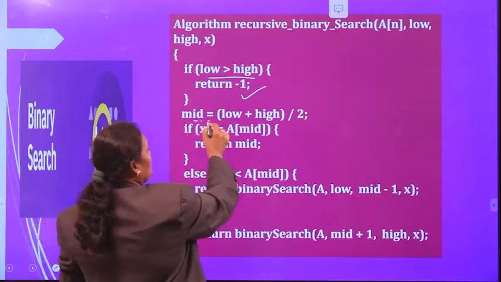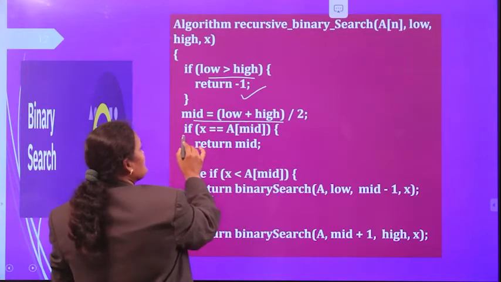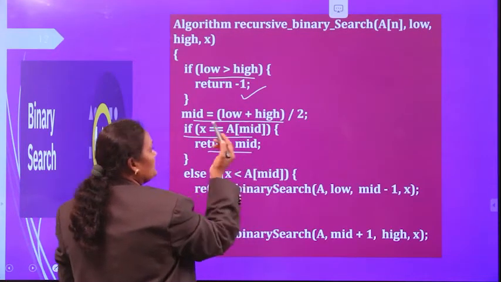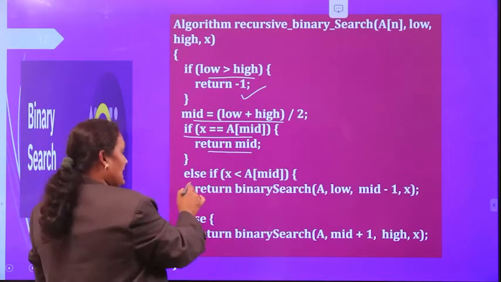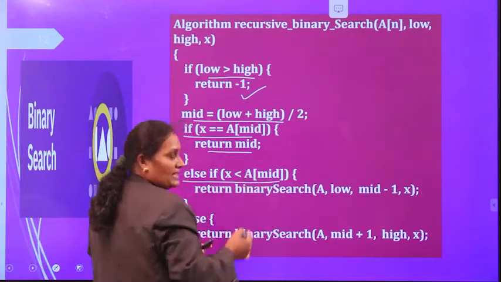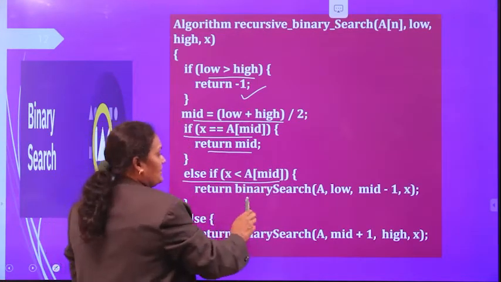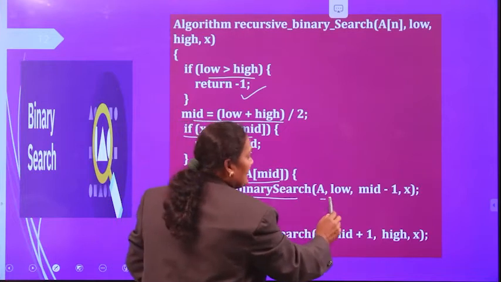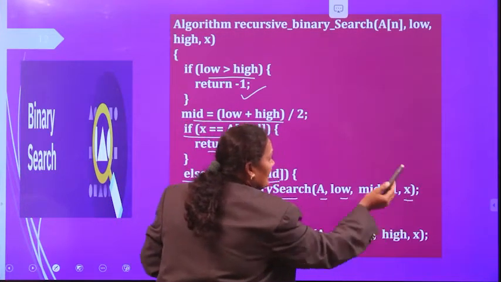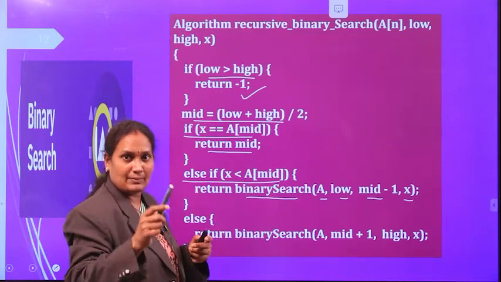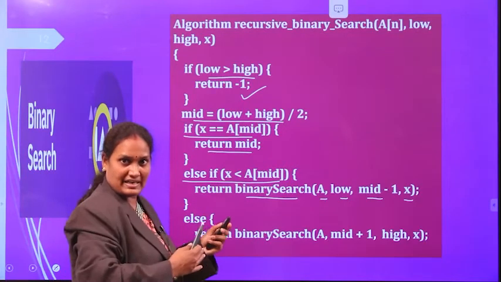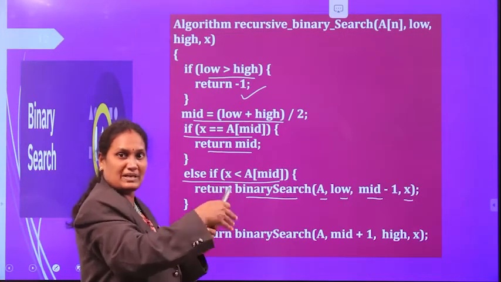Now first we are going to find the mid value. If x is equal to A of mid, then we are going to return the mid value. Else, if x is less than A of mid, we are calling the binary search for A, low, mid minus 1, x. That is, we are calling the binary search for the left subarray, that is, the high value becomes mid minus 1.